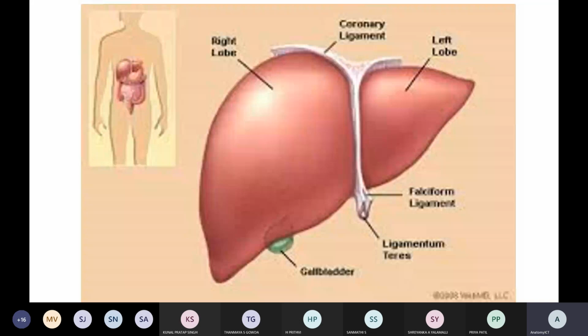When you come to the secondary supports, this is very important. The secondary support is not directly by any ligament or any important relation of the abdominal cavity, but it's very important to know about the relations of the liver which are present exactly nearby. Those are the secondary supports to the liver.